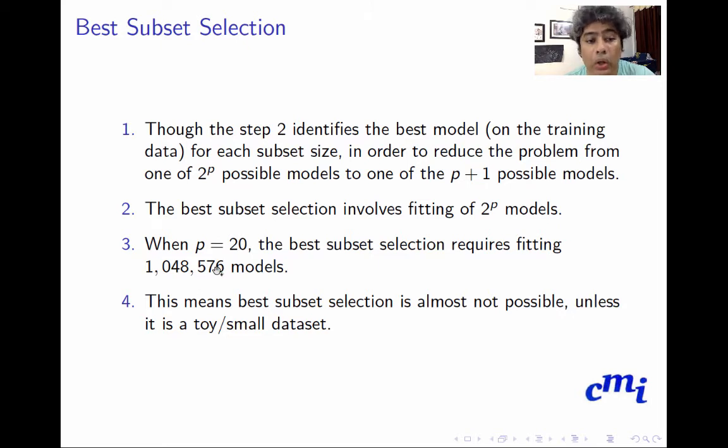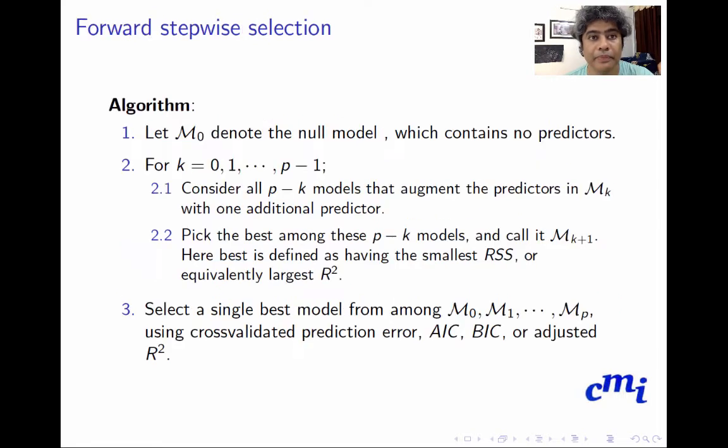So it will take a long time to fit all the models and come up with the best model. If you can fit best subset selection, that is the optimal model. But it's very difficult. This means best subset selection is almost not possible unless it is a toy or small data set.